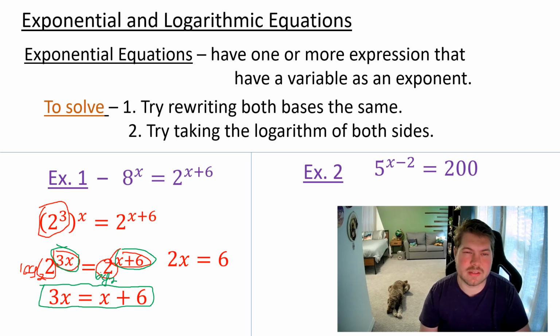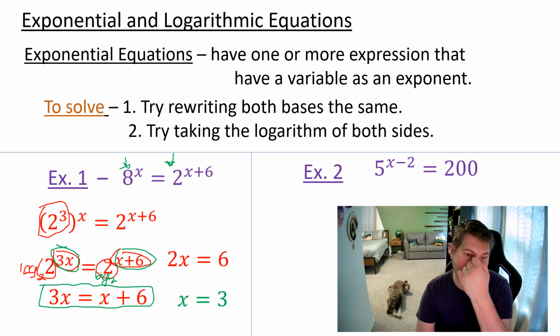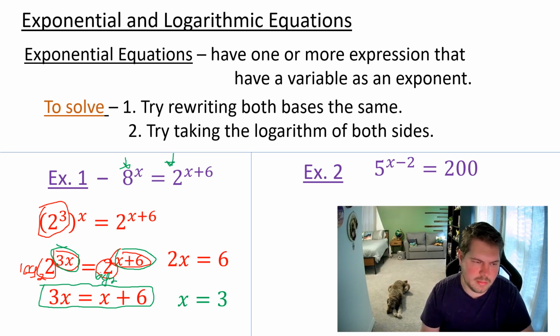So x equals 3. So you're going to have a couple like that on the practice problems. They become easier the more you do it. You usually just have to think of how to make this and this the same. And I'll show you a few examples of that in a little bit.